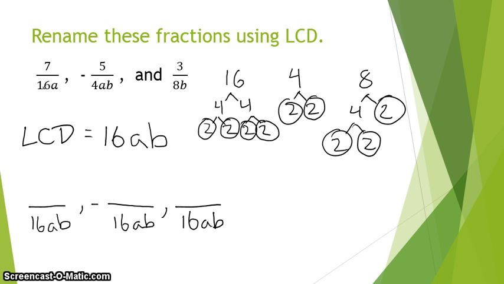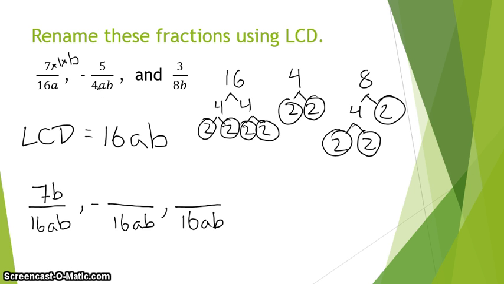Well, I'll just multiply it by 1. So 7 times 1 is 7. But don't forget about your letters. How do I get from just A to AB? I need to multiply it by B. So I need to multiply this by 1 and then also by B. So this will be 7B.